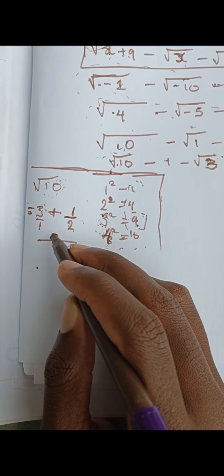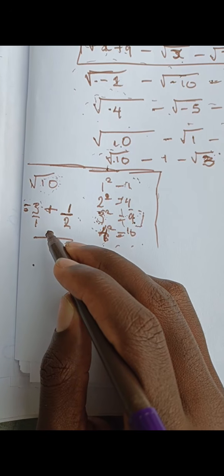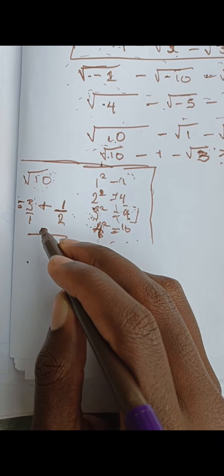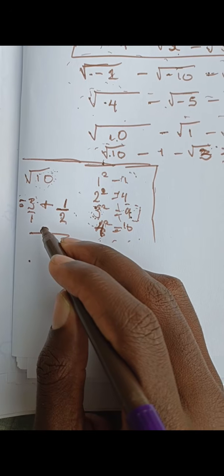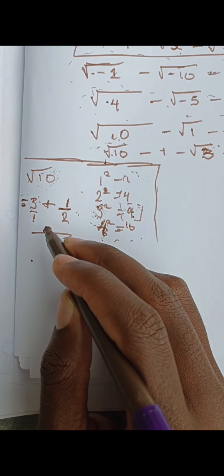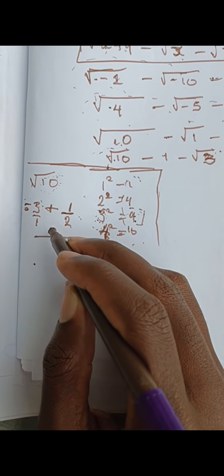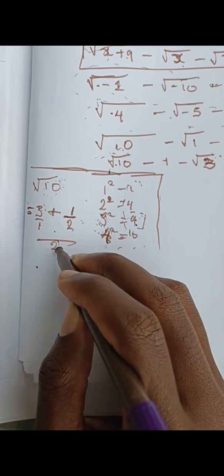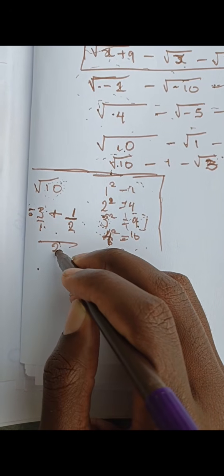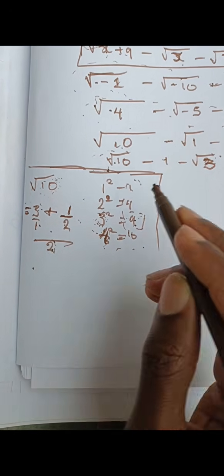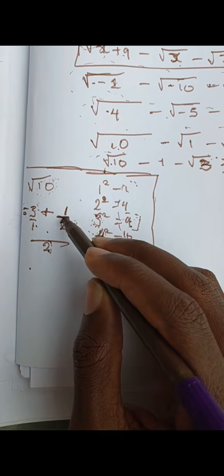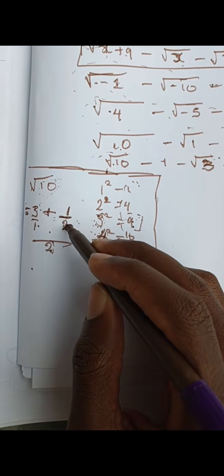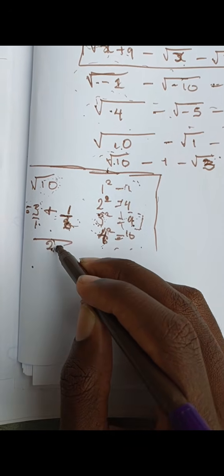So making this a single fraction, I said that the denominator will multiply 3 times 2. So it's going to be 6.